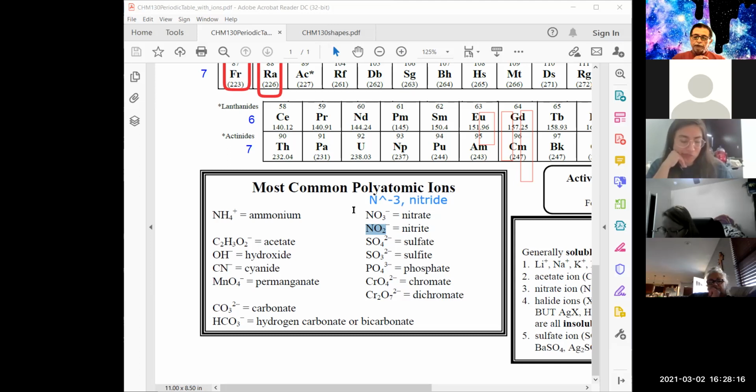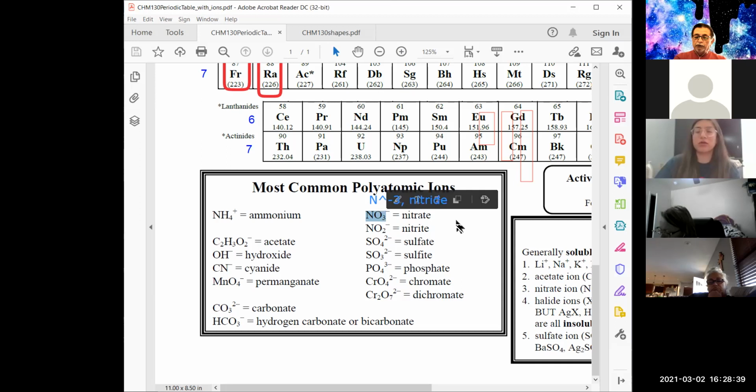Okay. If you see nitrogen and immediately following that nitrogen atom, you see oxygen, you're dealing with either a nitrate or a nitrite. Notice here, we got nitrogen there, and then immediately following that, we have oxygen. Specifically, we have 3 of them. And that polyatomic ion is called nitrate, ATE.